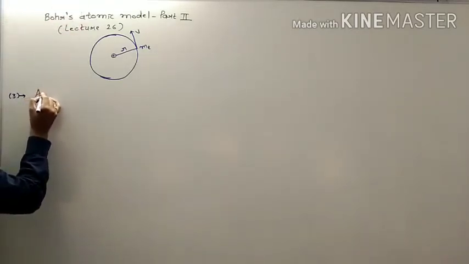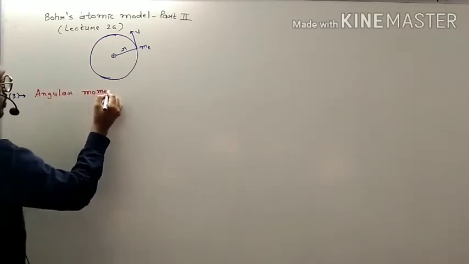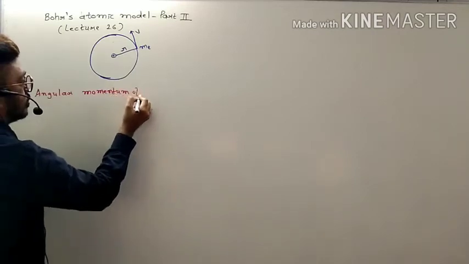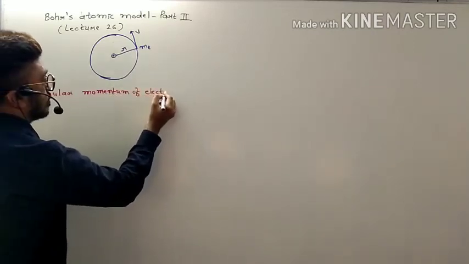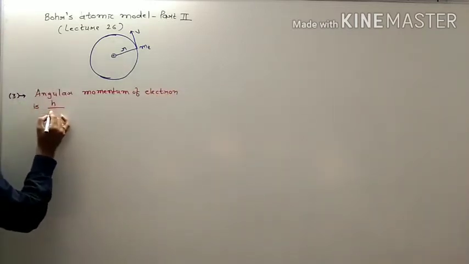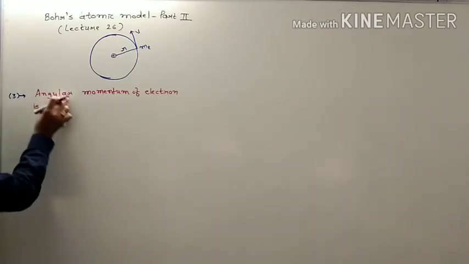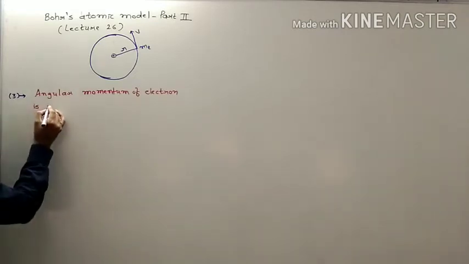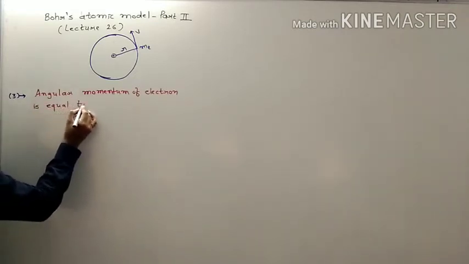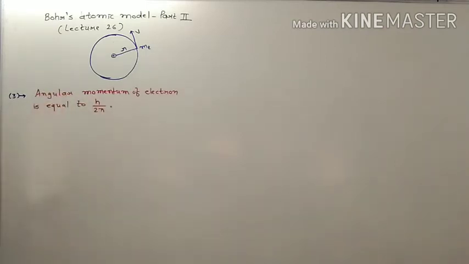So the angular momentum of the electron is equal to n h upon 2 pi.